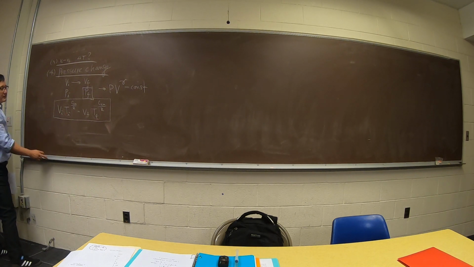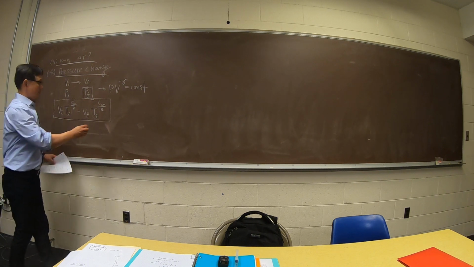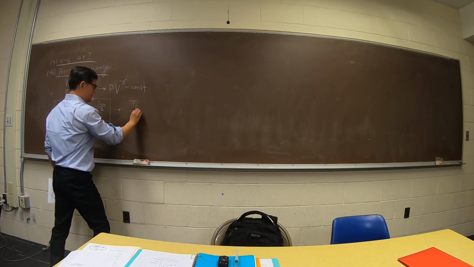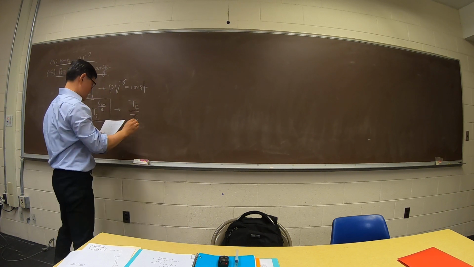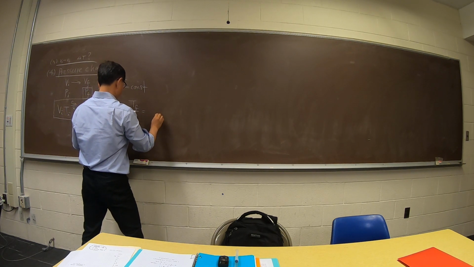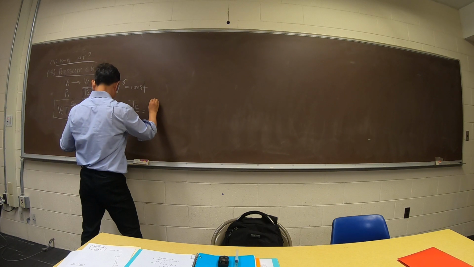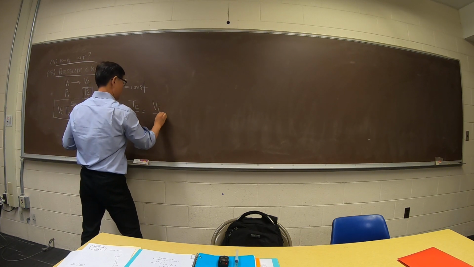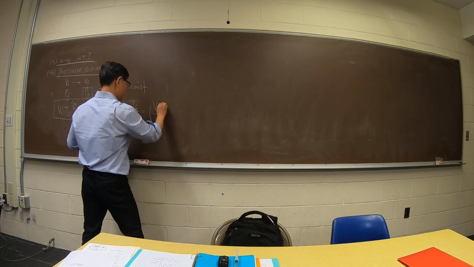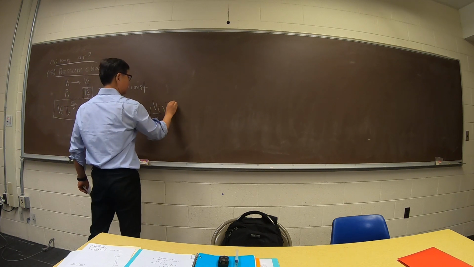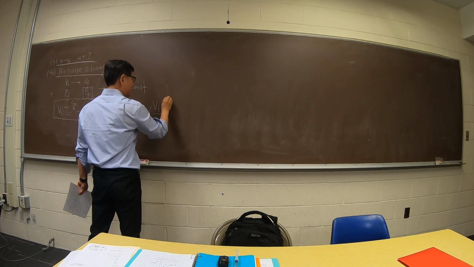So what I need to do is, let me just rewrite this way. I'd like to do it in the ratio: V initial over V final to the power R over CVM.